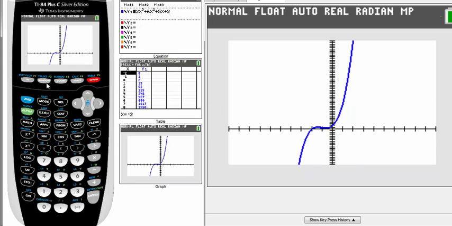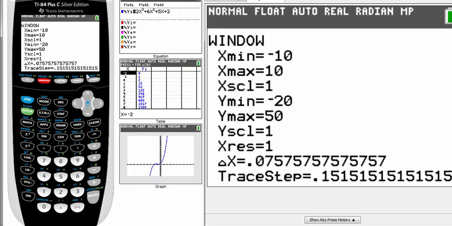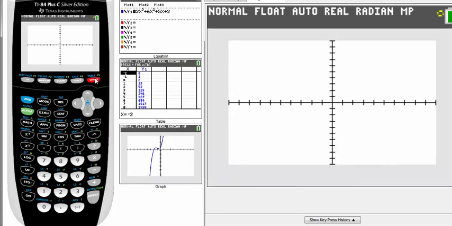It's hard to tell, so I want to change my window, and instead of going up to that 50, let's change it to just 10, and let's go down to a -10 on the Y min. So we should be able to get a better idea if that's actually touching or crossing. Okay, oh, it's not even touching at all.